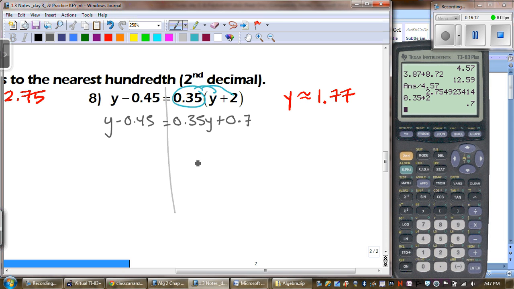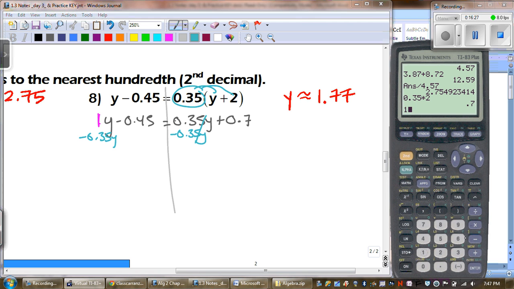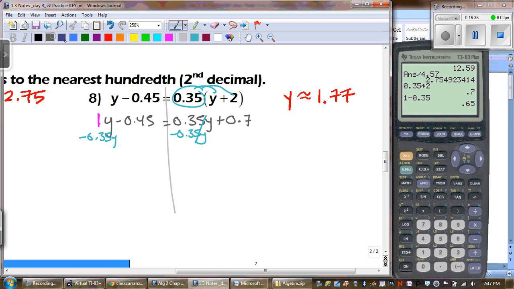Now, we got to move the smaller variable. If you don't know, that is a 1y, okay? So we need to subtract the 0.35y, and 1 minus 0.35 gives us 0.65.